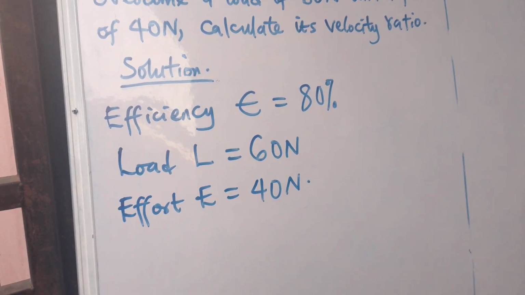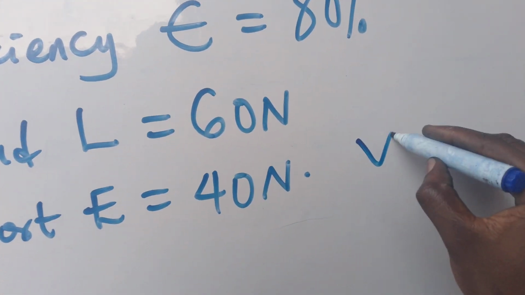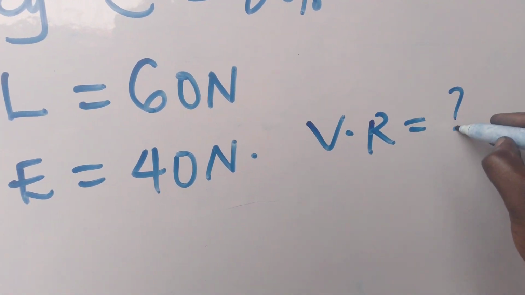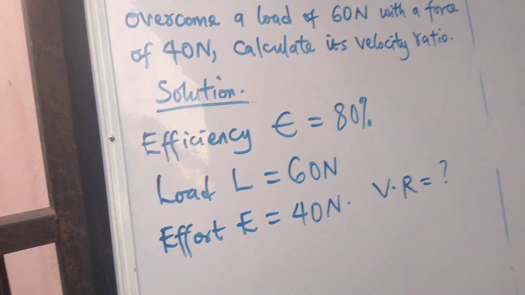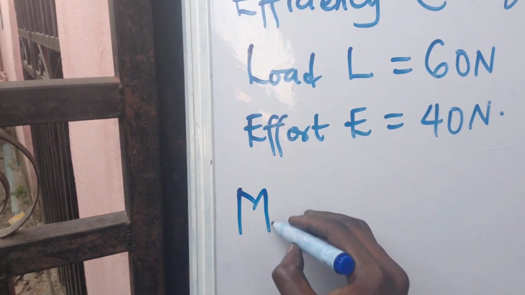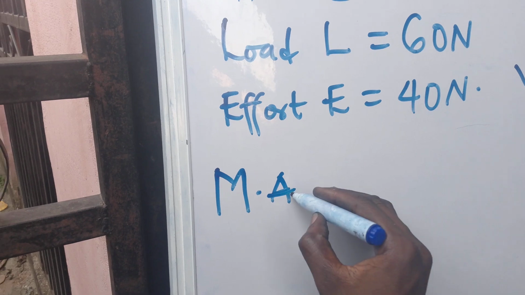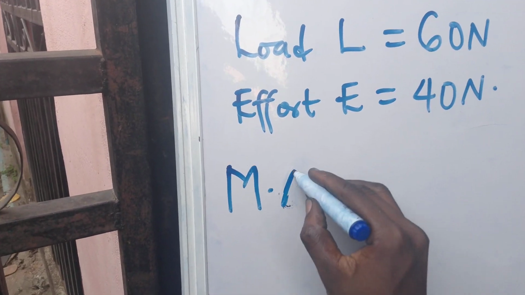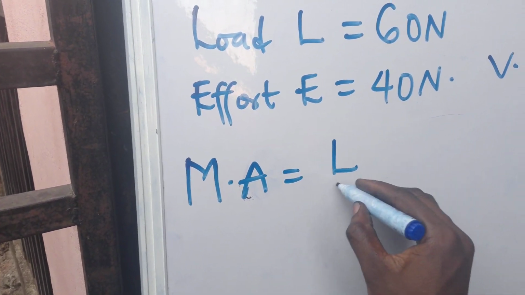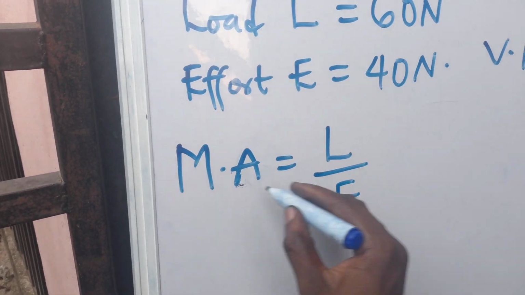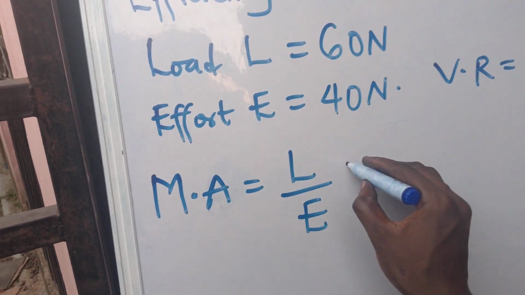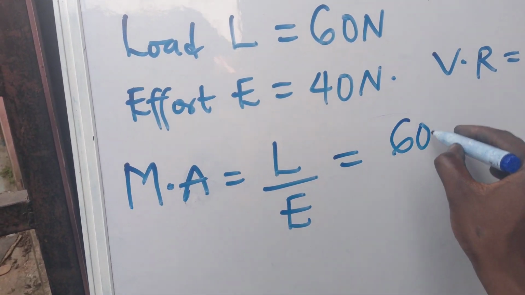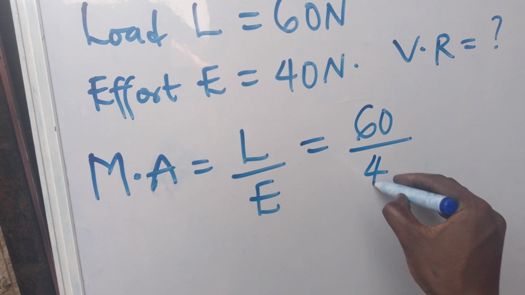We are asked to calculate its velocity ratio. So the velocity ratio of the machine is unknown. So I can then look for the mechanical advantage. Mechanical advantage is equal to load over effort, which will give us the load, 60, divided by the effort, 40.